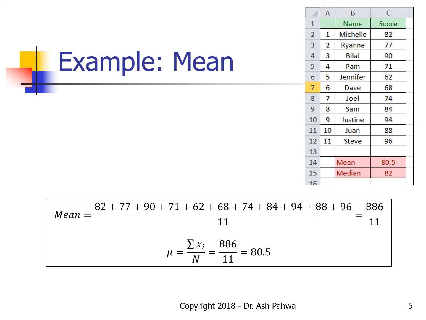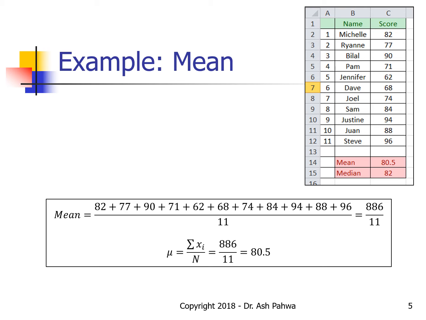Let us take some actual data and compute the mean. Suppose I have the test scores of certain students. Suppose I have 11 students in my population and their scores are 82, 77, 90, 71 and so on, as you see displayed in this table. So the mean, which is mu, is equal to 82 plus 77 plus 90 all the way till 96.